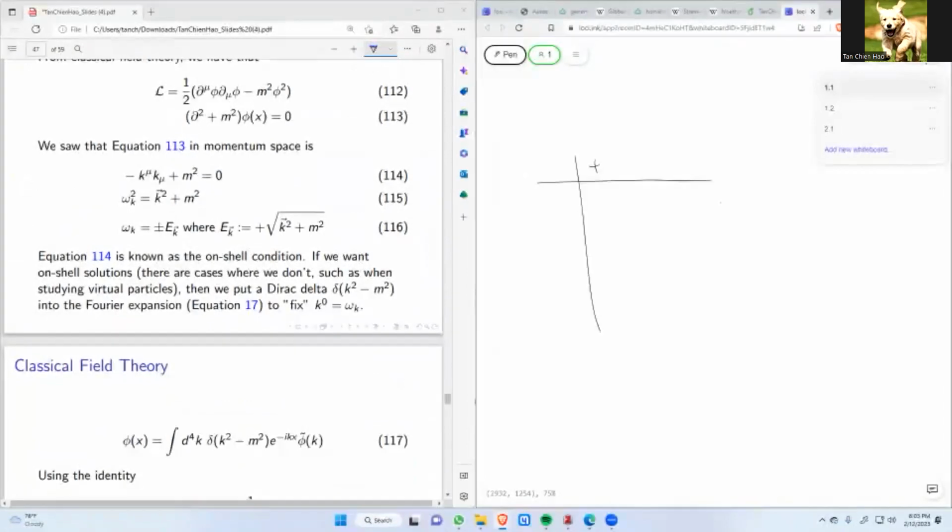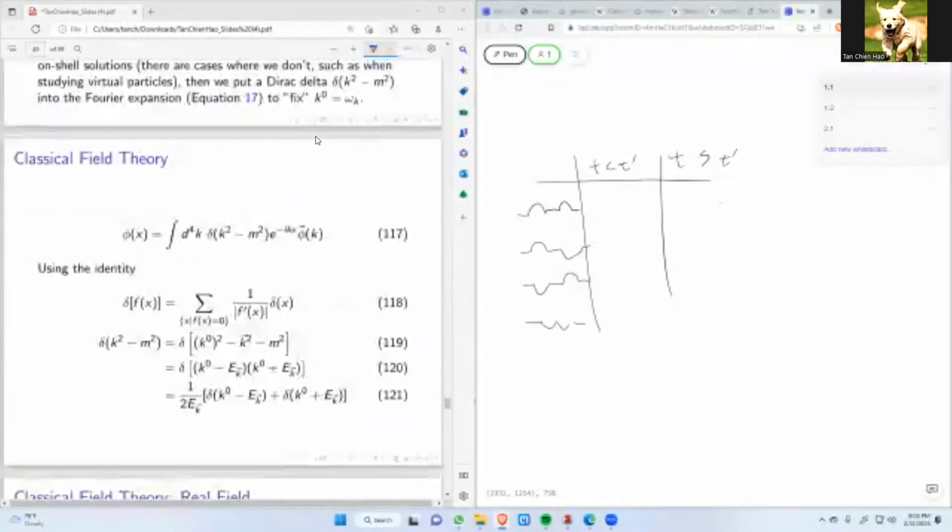I plan to have the two cases, t less than t prime and t greater than t prime, and then the four cases of the contours that go around the poles. I plan to make a nice table to make it much clearer what kind of integrals we are doing. But I haven't got that done yet.